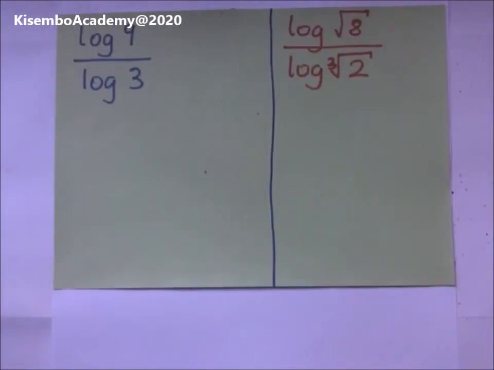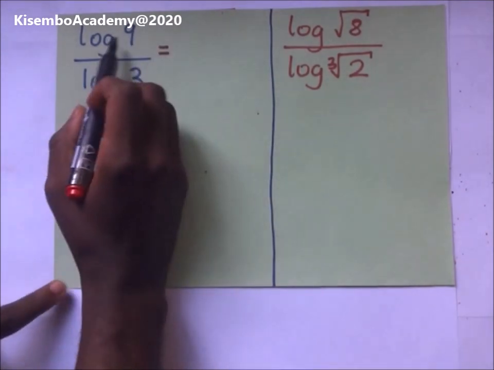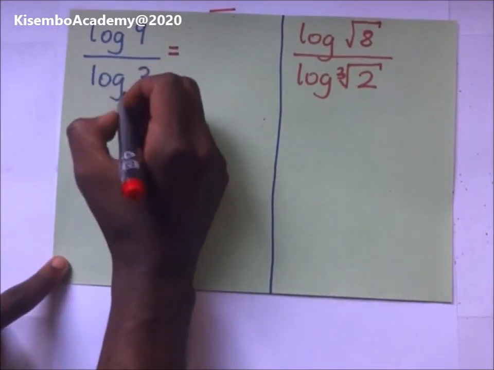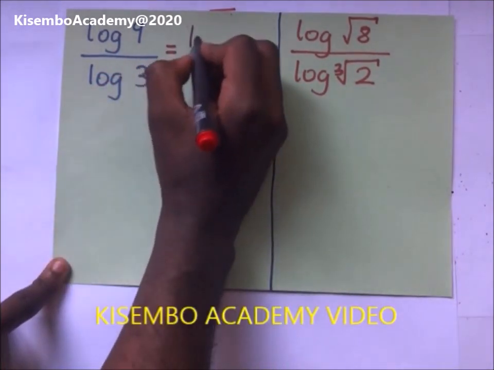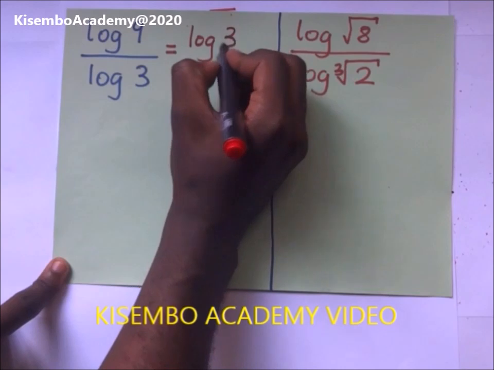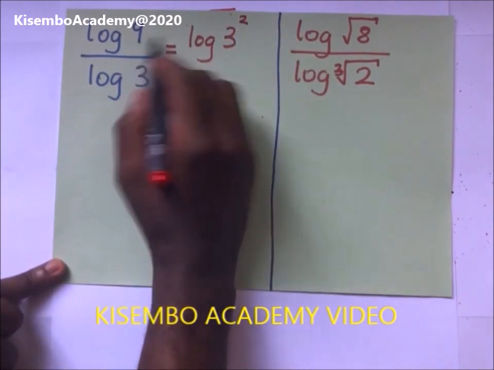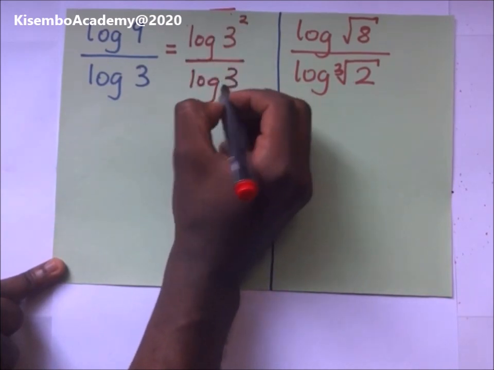We have log of 9 over logarithm of 3. We simplify this. Log 9 is the same as log of 3 squared, because 3 times 3 is 9. These logarithms have the same base, which is 10. So it's log of 3 squared divided by log of 3.